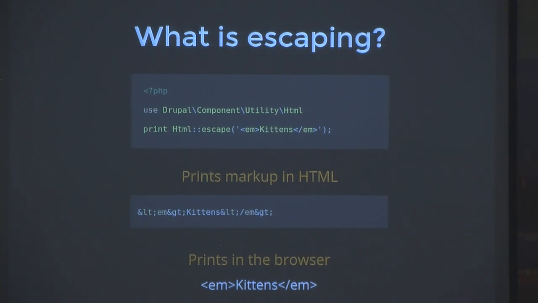It doesn't affect how it shows in the browser, except if it's HTML that you actually want to be rendered, like this EM. It is very, very confusing when you see on the browser that it shows up this EM and it doesn't get rendered like it should be.